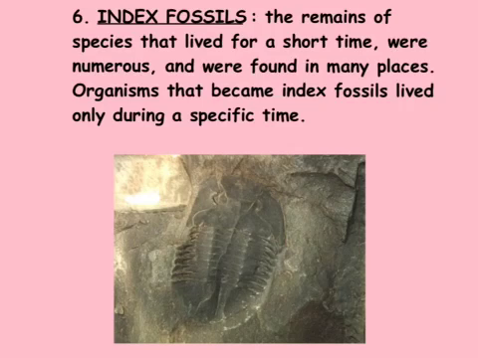Index fossils. Index fossils are important to us because they can give us a little bit more than just relative age. Index fossils are the remains of species that only lived for a short amount of time, geologically speaking, were numerous, meaning there were very many of them, and they were found in many places across the globe. Since we know they only existed for a short time, we can say that those organisms were fossilized at a specific time.